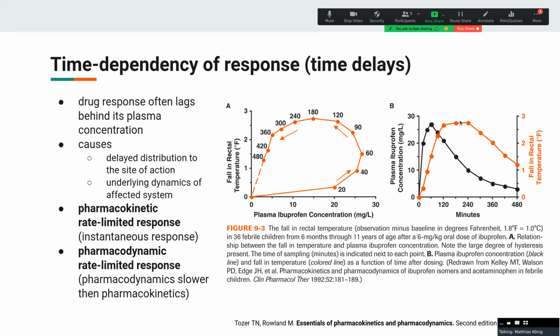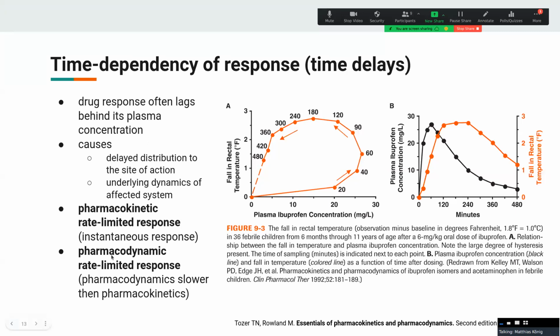ACE is in the plasma, and the inhibitor immediately inhibits this enzyme, in the range of seconds. So in the end it depends on the pharmacokinetics of the inhibitor, how fast it appears, which determines how fast the enzyme is inhibited.